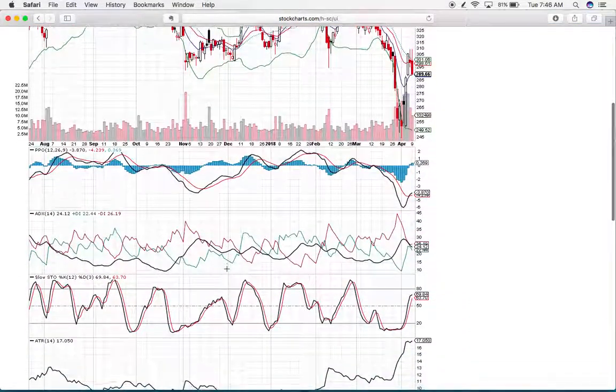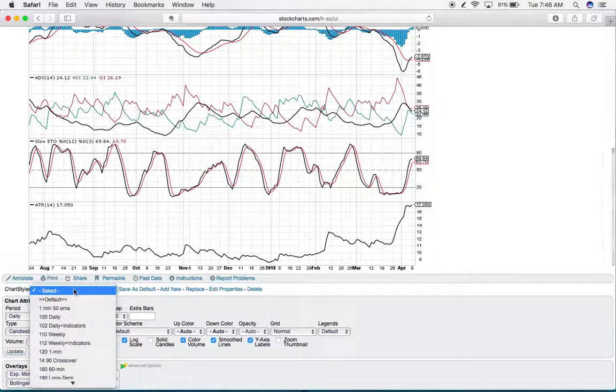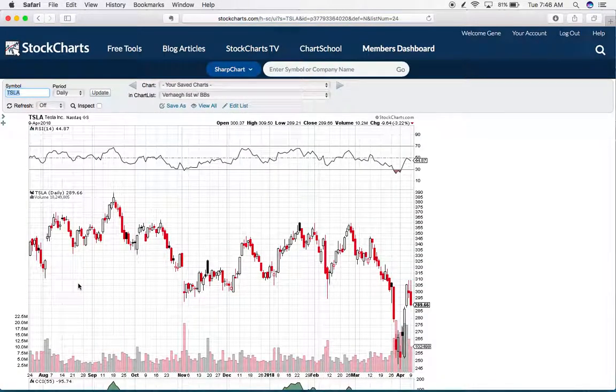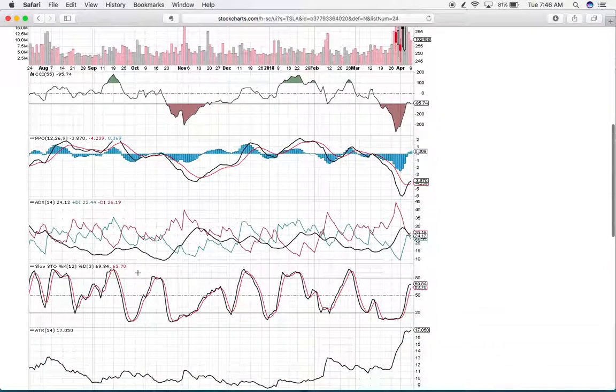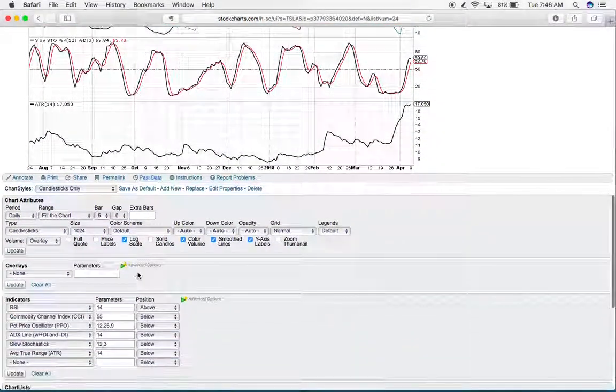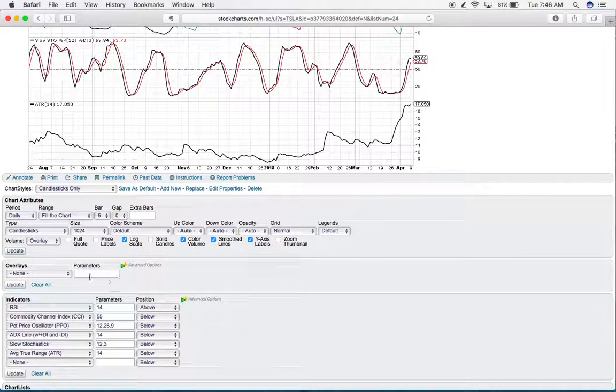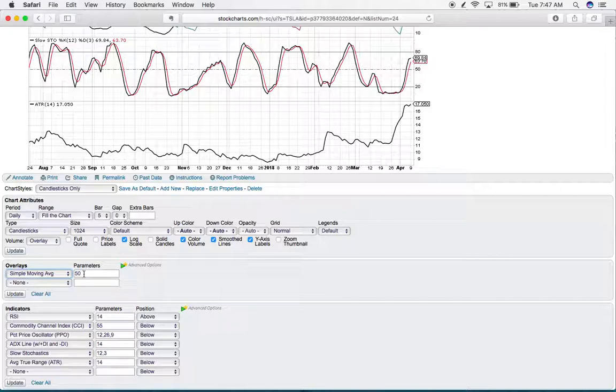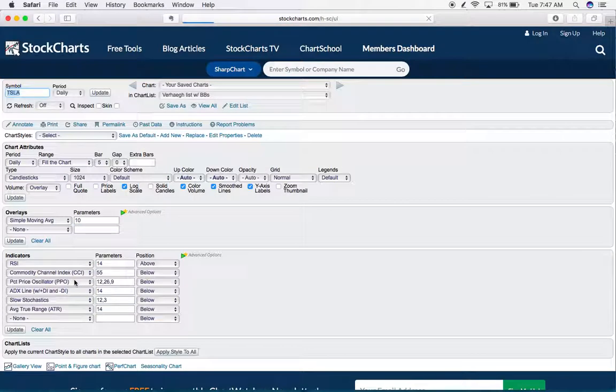Now, some traders, let me go back to just the candlestick chart. Most professional traders look at several different moving averages. They look at the 10. The default, as you see on stock charts here, is 50.